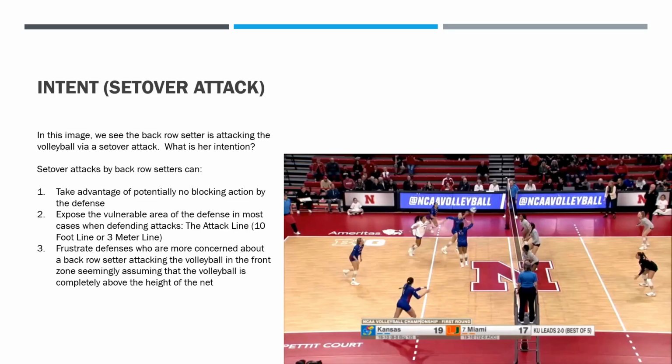They can expose the vulnerable area of the defense in most cases when defending attacks, the attack line. They can frustrate defenses who are more concerned about a back row setter attacking the volleyball in the front zone, seemingly assuming that the volleyball is completely above the height of the net.